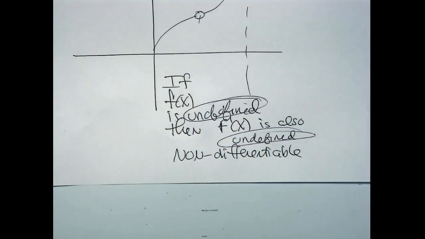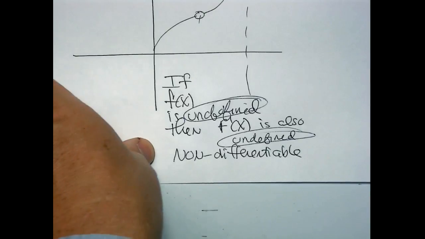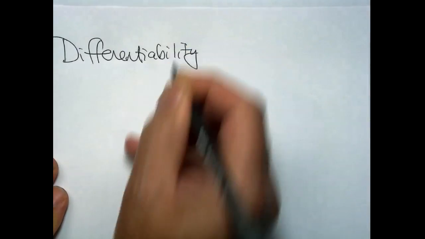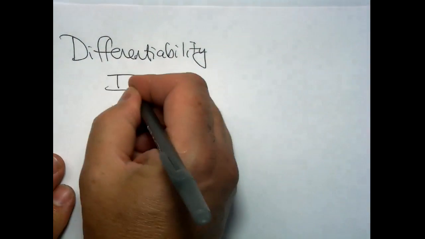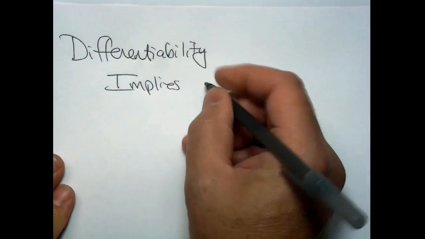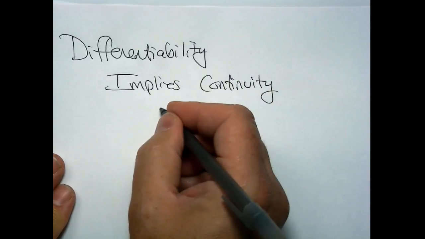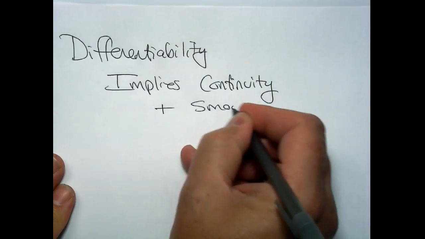So that brings up an interesting conclusion. Differentiability implies continuity and smoothness.